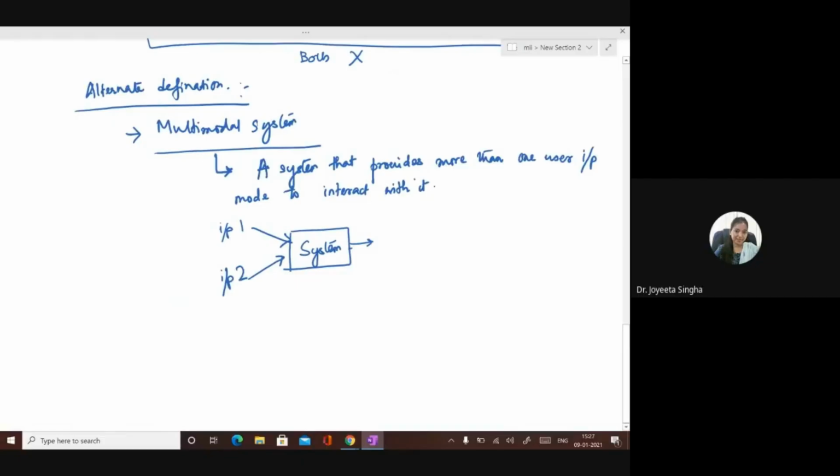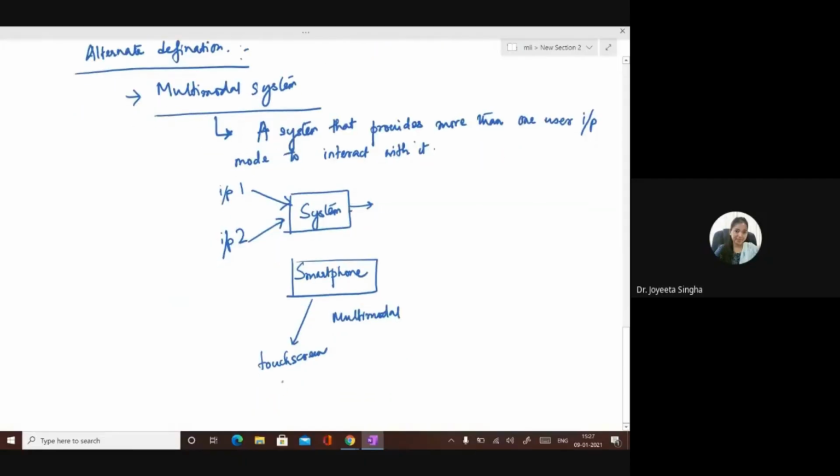Say for example you have your smartphone. A smartphone would be a multimodal system just because you have a touchscreen, which is your touch sensor, and it also has your microphone for your speech.